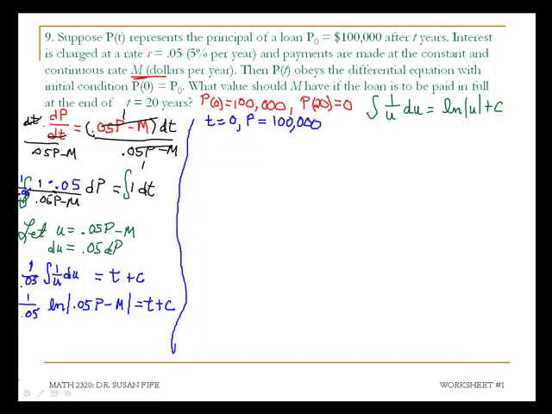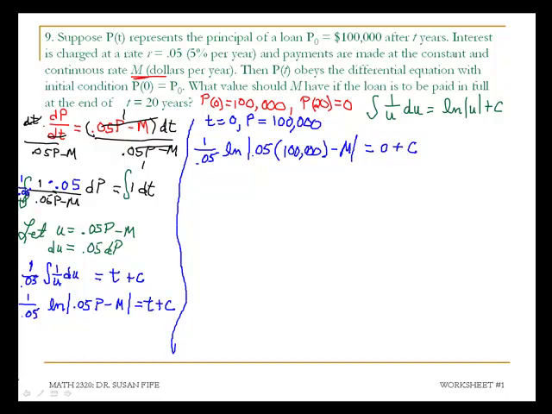Then substituting these values into this last equation that I have, I'm going to get 1 over 0.05 natural log of (0.05 times 100,000 minus m) is equal to t, that's 0, plus c.